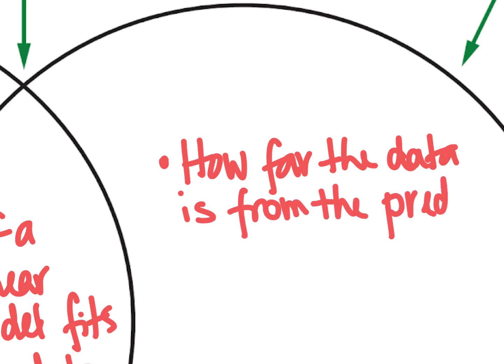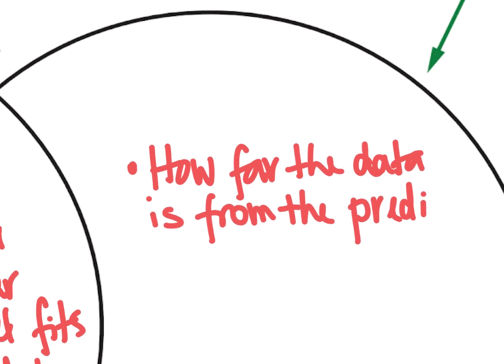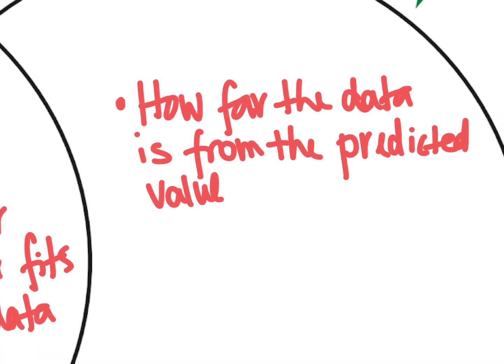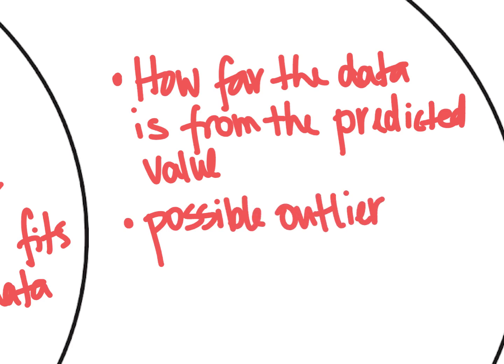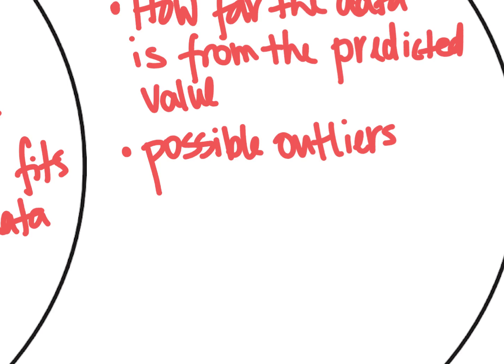The predicted value is the regression line. We also learn if there are possible outliers, okay, which we did not get from the correlation coefficient.